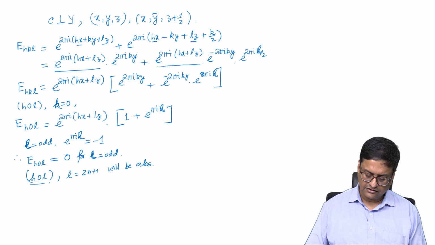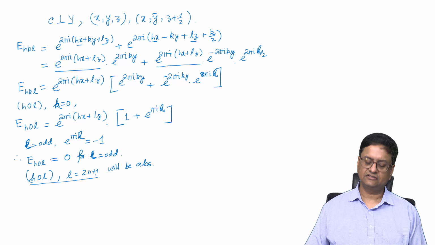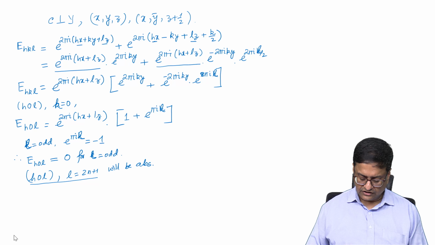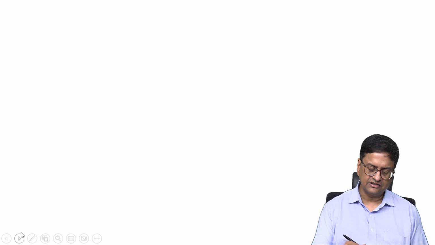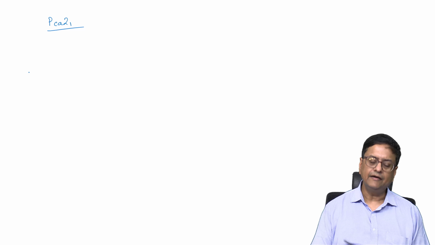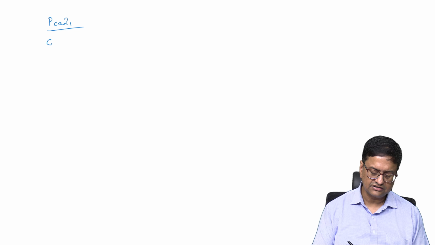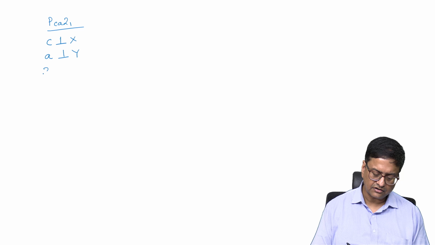So, this is how you can derive the systematic absence conditions for different symmetry operations. If somebody asks you to derive the systematic absence conditions for a Pca2-1 kind of space group, you have to do this mathematics once for the c glide perpendicular to x, once for the a glide perpendicular to y, and once for the 2-1 screw parallel to z.